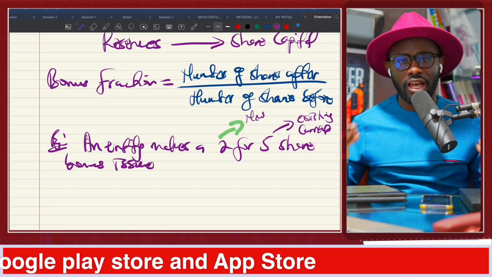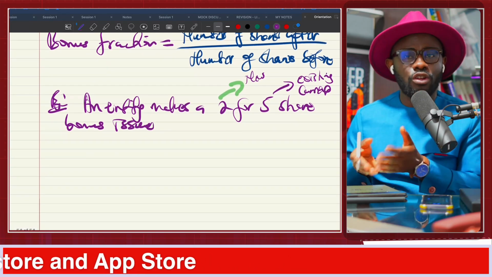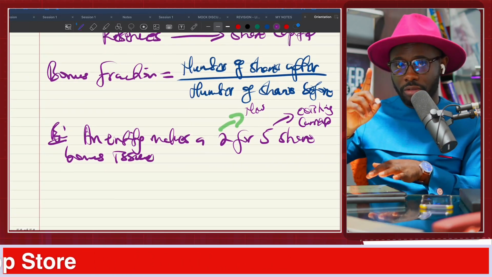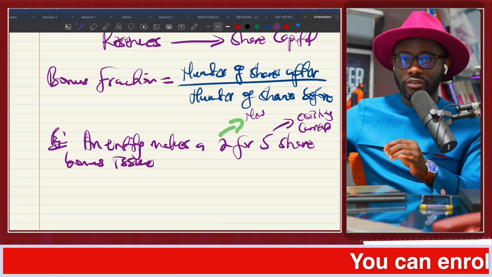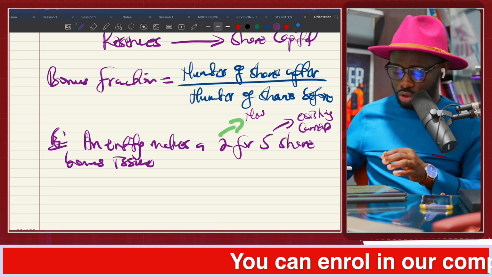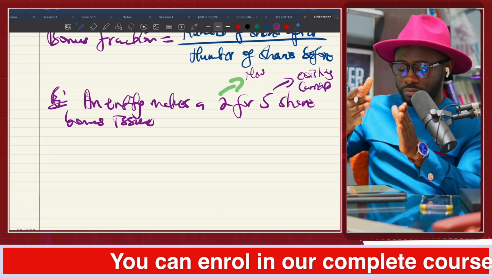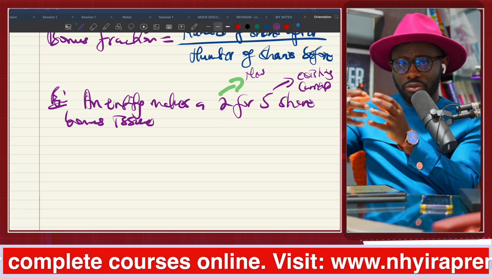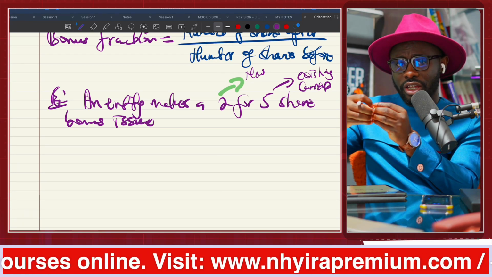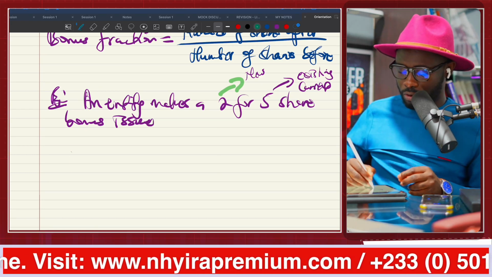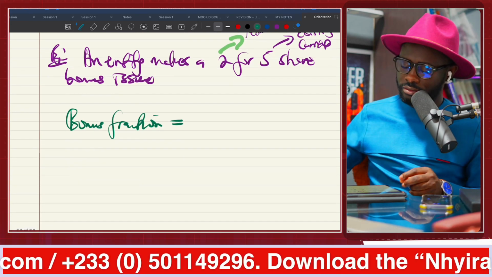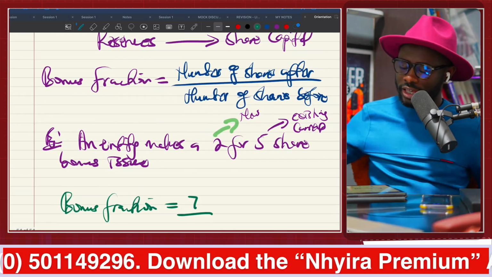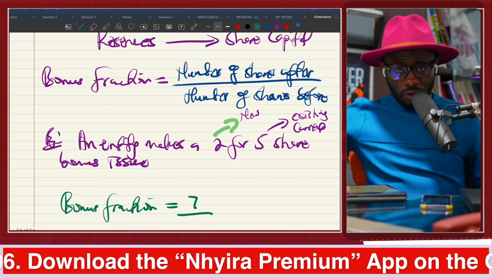So the question we then ask ourselves is, how do we calculate the bonus fraction? Stay with me. The numerator is the number of shares after the issue. If they did a bonus issue of 2 for 5, that means after the issue, each shareholder will be having how many shares? 7. So our bonus fraction is going to be 7 divided by the number of shares before the issue.